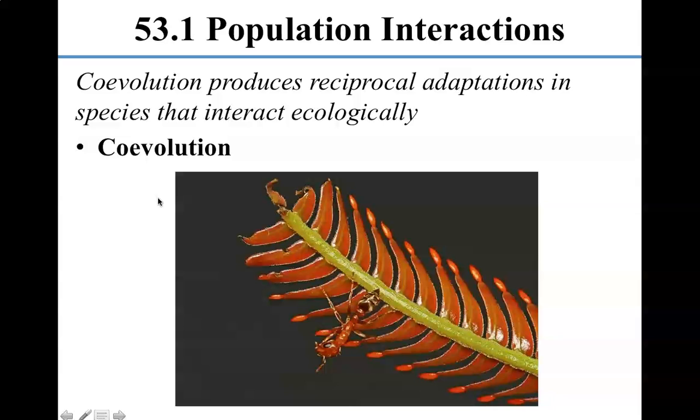Meanwhile, the ants have needs. The ants need food and water and a place to live. And so for this example, they have co-evolved in a way that's mutualistic. In other words, they both benefit each other. The acacia provides little homes for the ants to live in, so check off habitat for the ants.